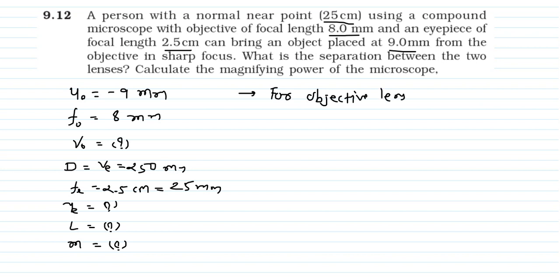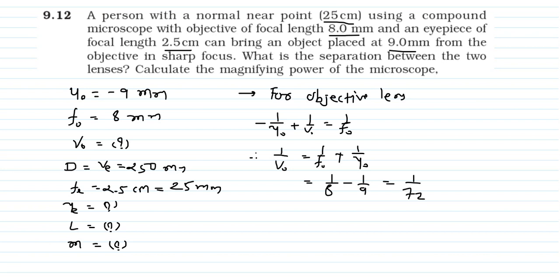You can say minus 1 upon u naught plus 1 upon v naught is 1 upon f naught. Therefore 1 upon v naught is 1 upon f naught plus 1 upon u naught, that is 1 upon 8 minus 1 upon 9, that is 1 upon 72. Therefore VO is equal to 72 mm. That is the image distance for the objective lens, 72 mm.